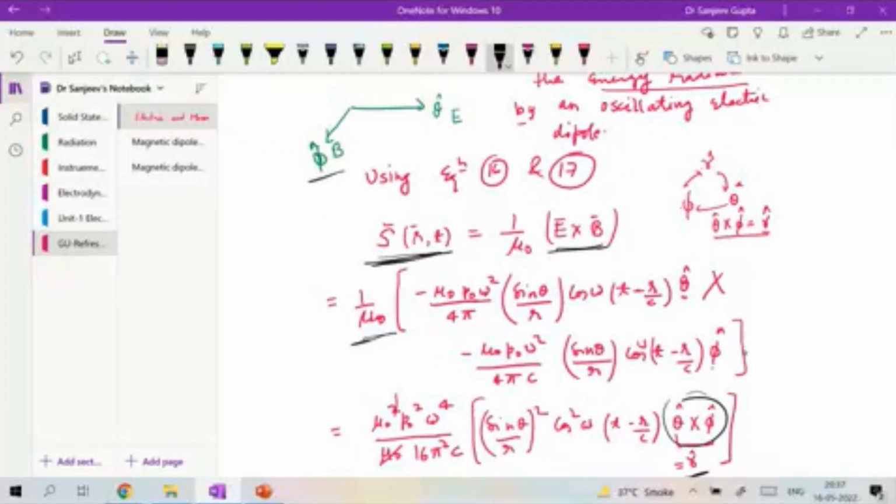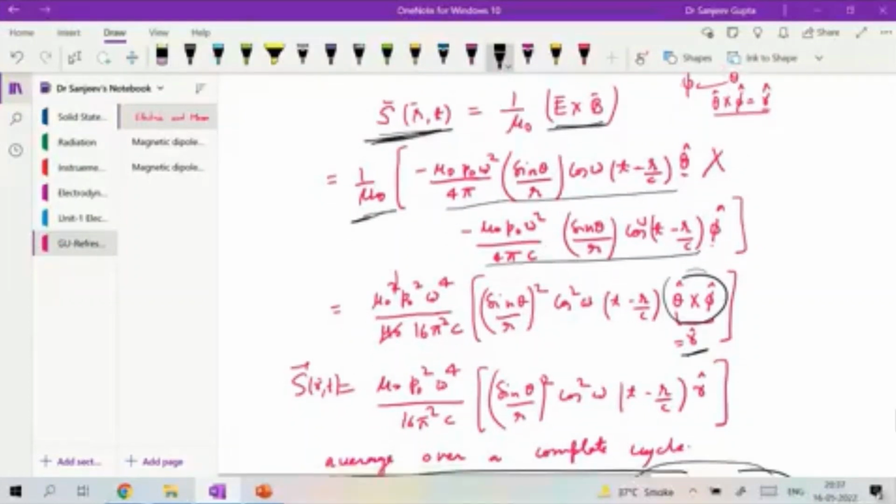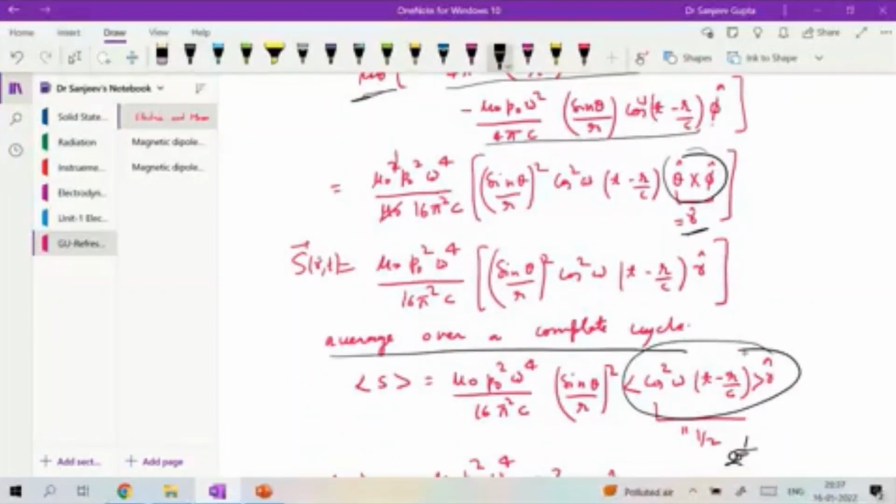So theta multiplied with phi gives the r component. So 1 upon mu 0, the electric field component and this magnetic field component. Because both are the same, it becomes a square, but theta and phi give the r cap. So S becomes this whole term.